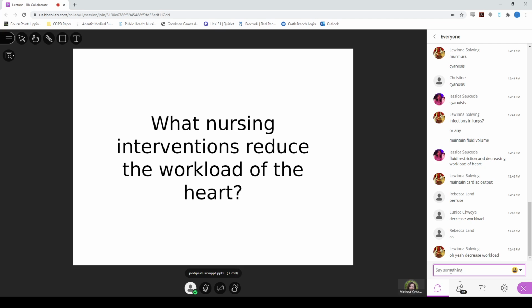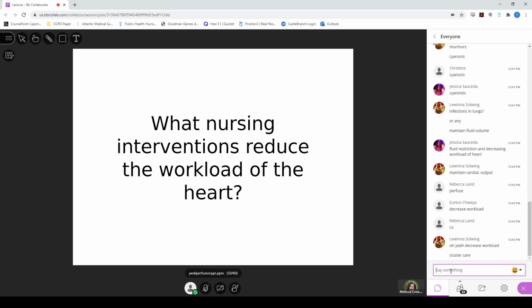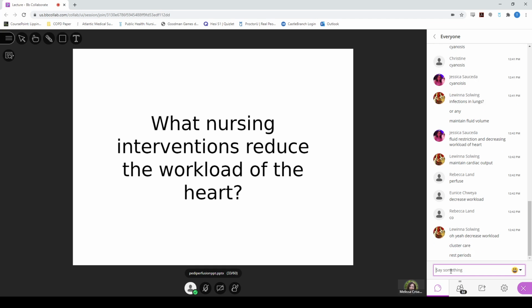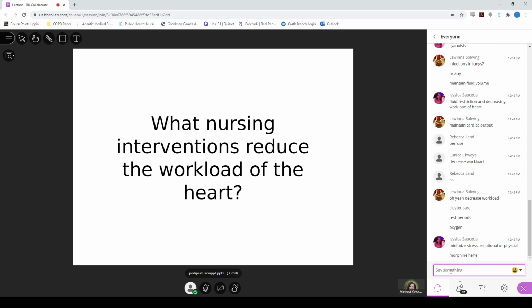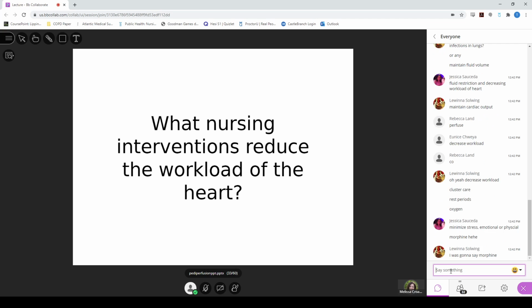So what nursing interventions reduce the workload of the heart for these patients? Cluster care, rest periods, morphine if you're going to drug them.